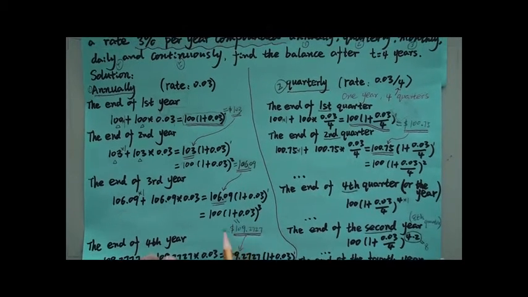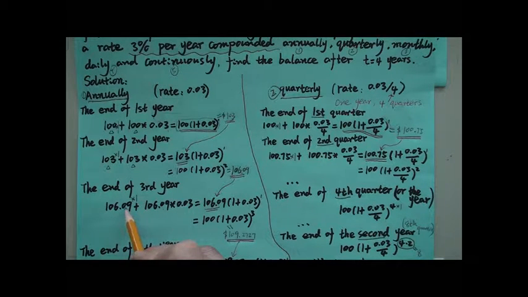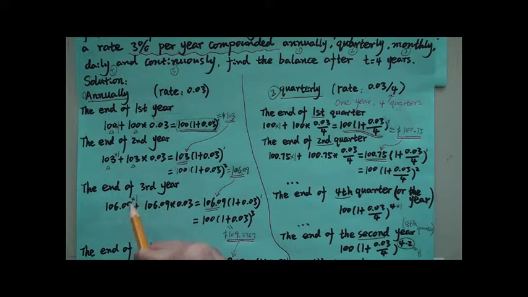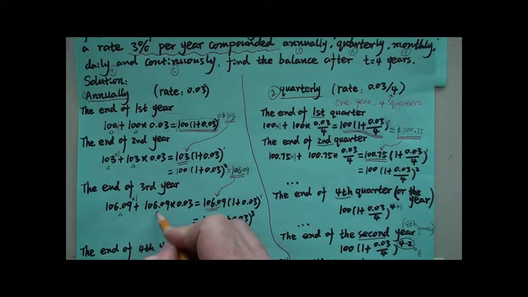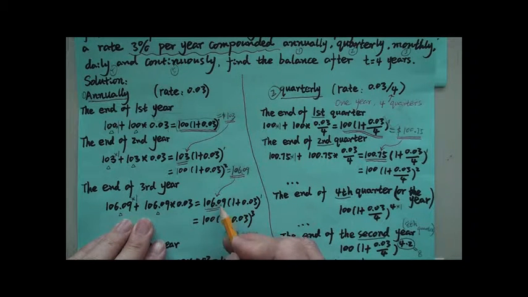Again, here I want to derive the formula. I know $106.09 is $106.09 times 1. I want to pull this number out. By the distributive property, 106.09 is out, there is a 1 left here, and plus 0.03 is also left.